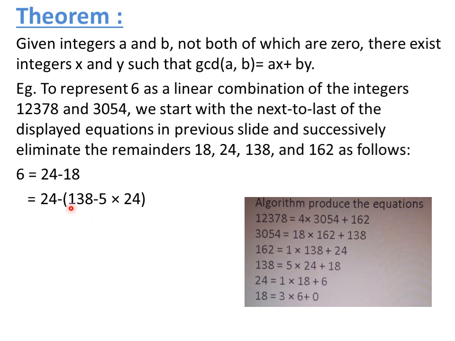So after expanding this bracket and collecting coefficients of 24, we will get 6 into 24 minus 138, right? Because 1 plus 5, so 1 plus 5 will be 6, so we'll get this.